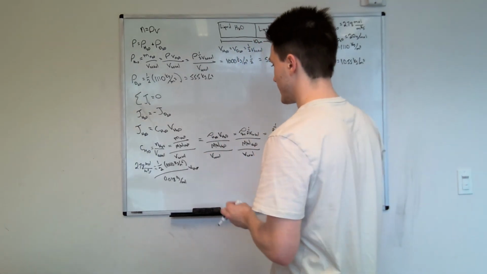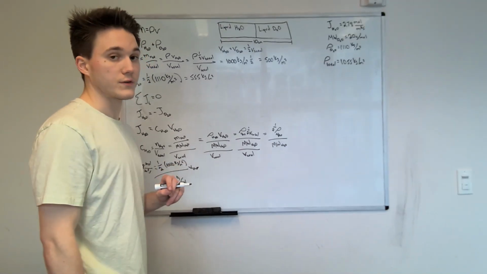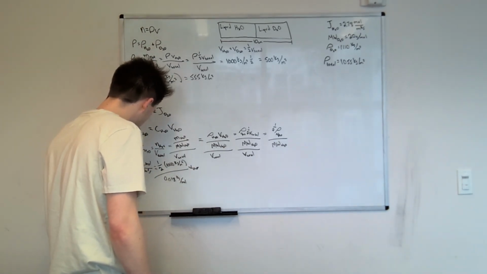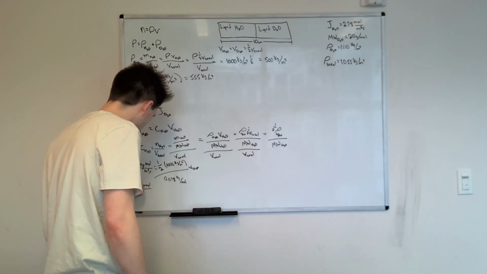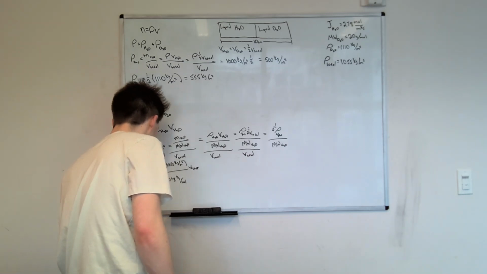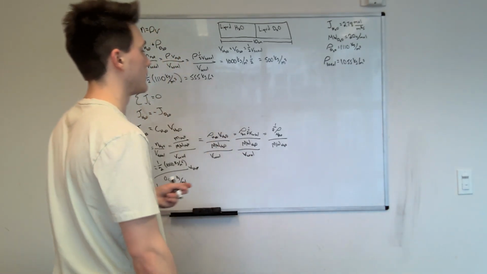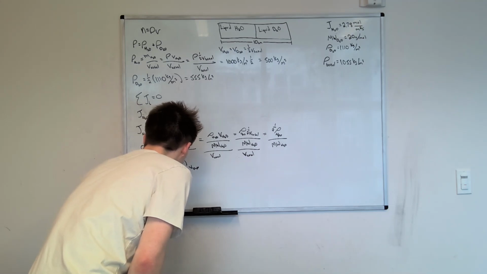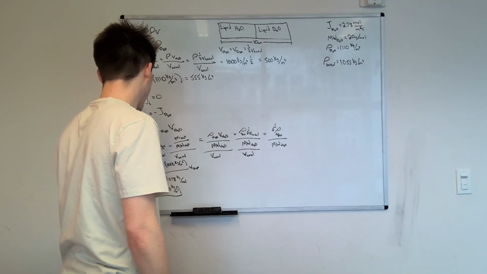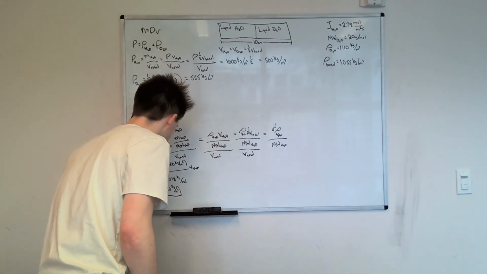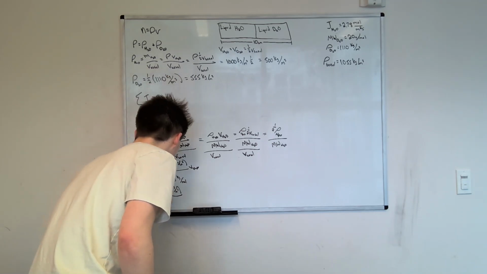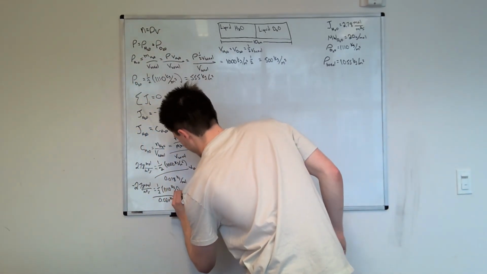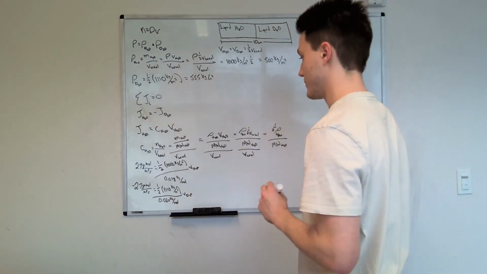And doing the same process for the molar diffusive flux of D2O to solve for the mass average velocity of D2O, we get negative 2.78 moles per meter squared per second is equal to 1/2 the mass concentration of D2O, which is 1,110 kilograms per meter cubed, over the molecular weight of D2O, which is 0.020 kilograms per mole, multiplied by the unknown mass average velocity of D2O.